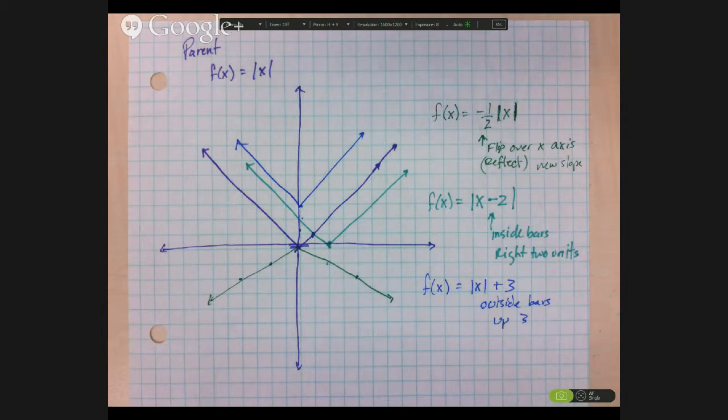All you're doing is taking the graph and moving it around, or shrinking it, or expanding it, flipping it over.